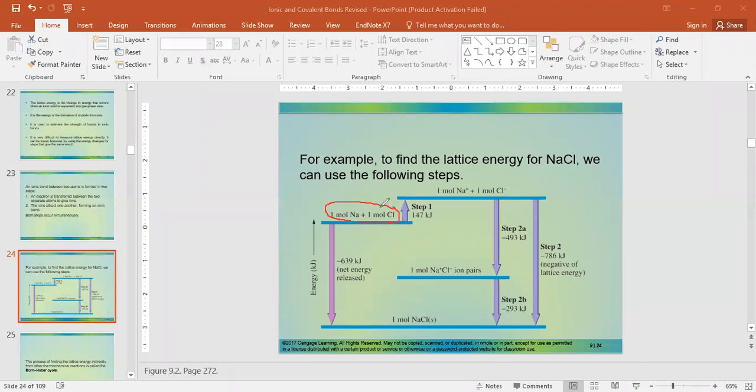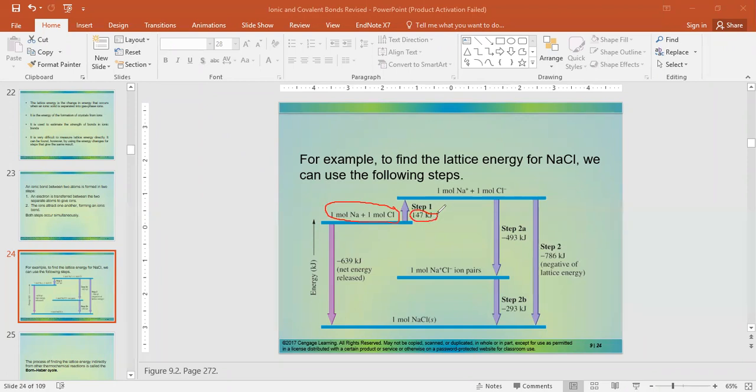Some energy is going to be injected here, required so that an electron is transferred from sodium to chlorine. When energy is required, the system acquires some higher energy because you are injecting energy into the system. Therefore, you can see in step 1 that this amount of energy is required.